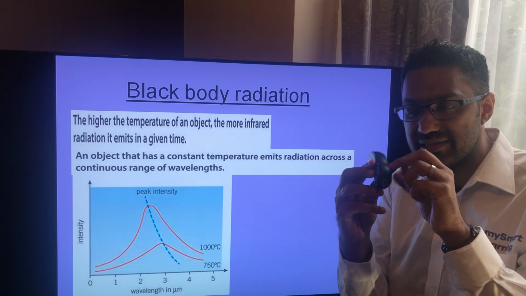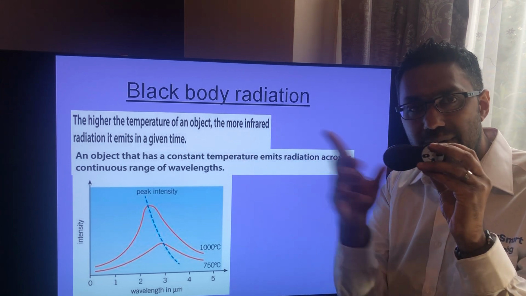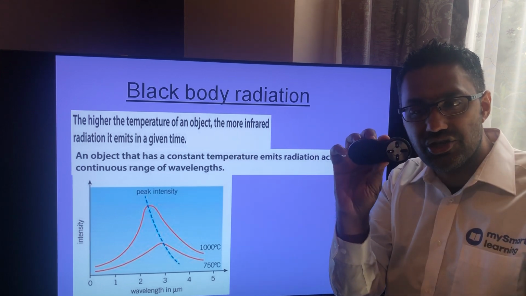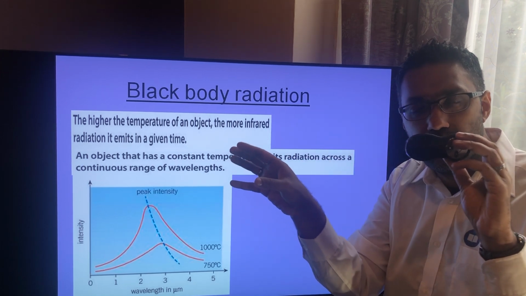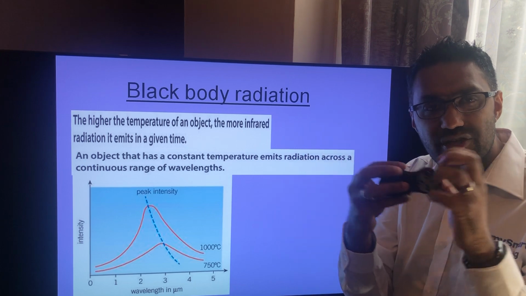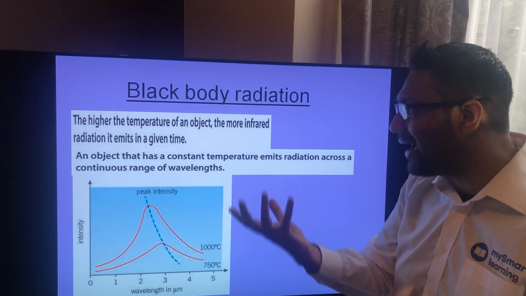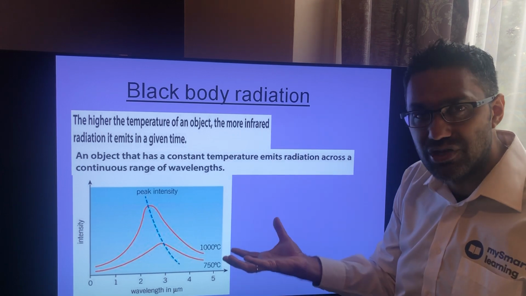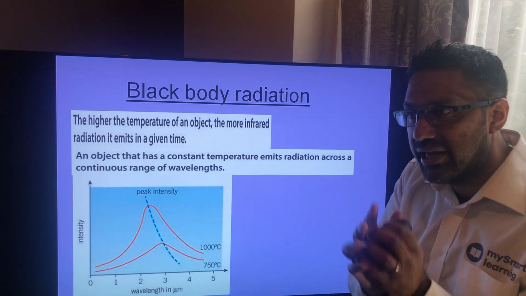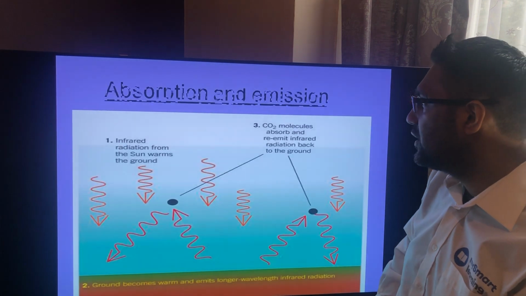So imagine something went in this side and came out that side. If it was black body radiation, it'd go in and not come out. So radiation will just constantly keep going into it because it's the best absorber. On the flip side, it could just keep giving it out as well. If there's no radiation from the outside of it, if there's pure radiation on the inside of it, it could just continue to give it out.